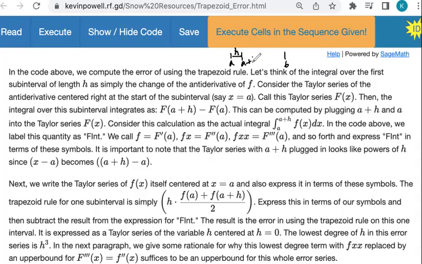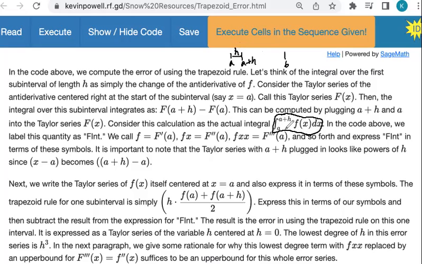So this integral right here represents the actual integral of f of x, but just on the first subinterval. So this is the actual integral.